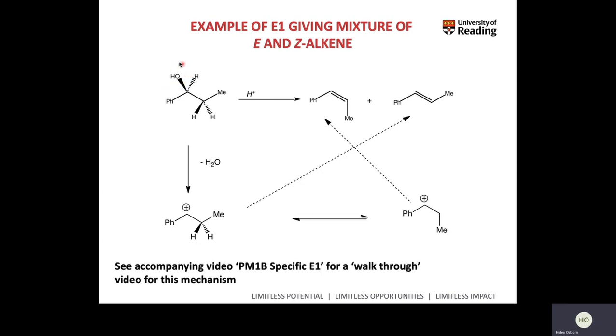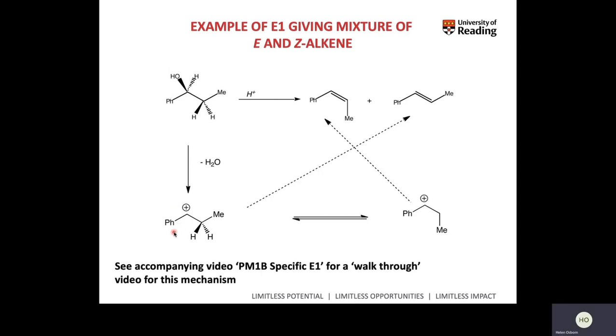We've seen this as a leaving group in our nucleophilic substitution reactions. When it reacts with acid, it converts it into a better leaving group than the hydroxide itself. So this will then break off, the electrons will push onto that as the leaving group. This carbon here has then lost electrons, so it's positively charged. So that's the first step of our E1 reaction, loss of the leaving group to give a carbocation.